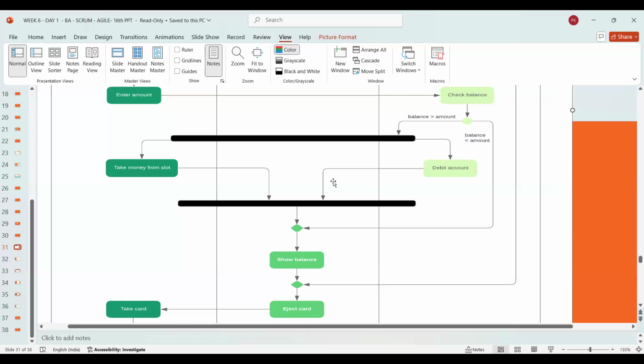Okay guys, this was an activity diagram. Trust me, it is comparatively a lot easier to understand in a professional setup in organizations. Whenever you have requirements that need this kind of explanation, we make this diagram.